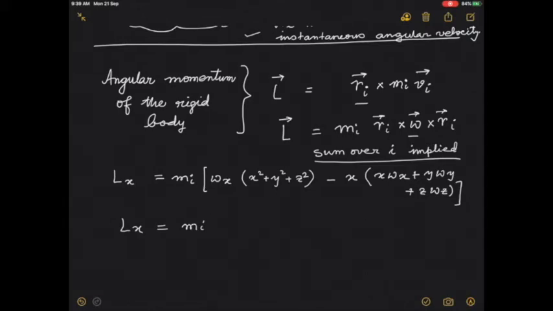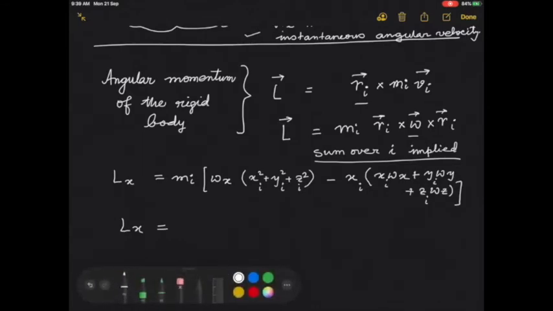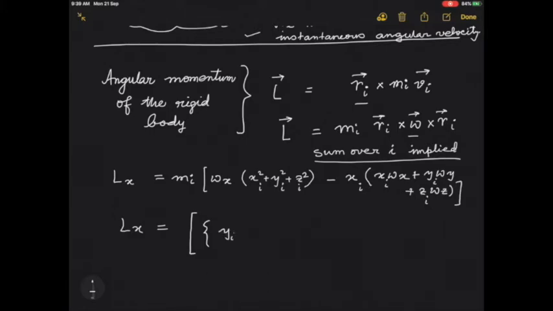It's the x component. I can write it in a little different form. I can write this in the following way. And remember that I should have suffix i for all the places where I write x, y, and z. I collect the coefficient of omega x together. You see, I have x_i squared omega x here, so x_i squared is gone.